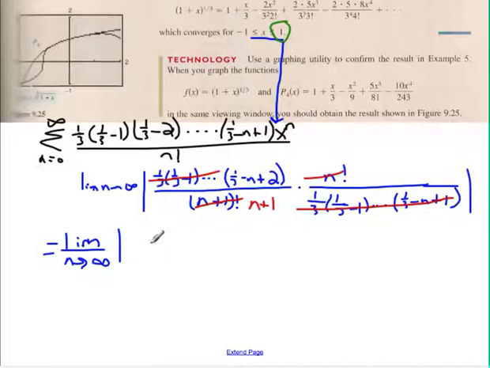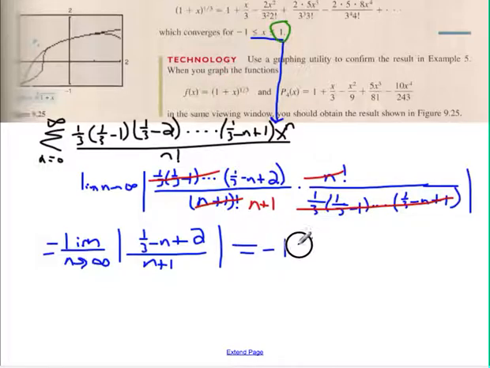So just that part's going to be left. So we'll have 1/3 minus n plus 2 over n plus 1. We take a limit of that. The only thing that really matters is the n, so the limit is going to go to -1, isn't it? A -1 is always less than 1, so that converges.